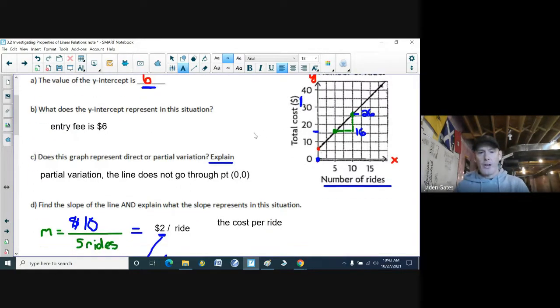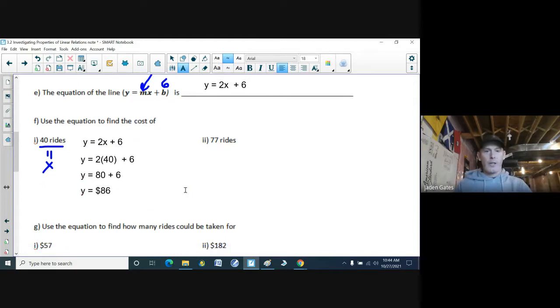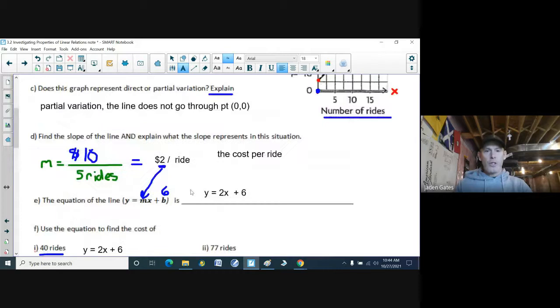That's what we're figuring out here. All right, so doing Bedmas, I do my multiplying first. Well, 2 times 40 is 80, plus the 6. All right, then I put those two numbers together, and the cost is $86. There we go.